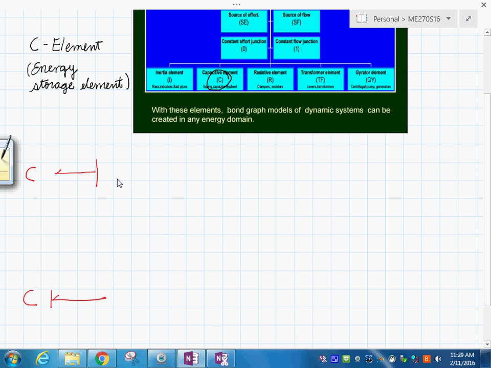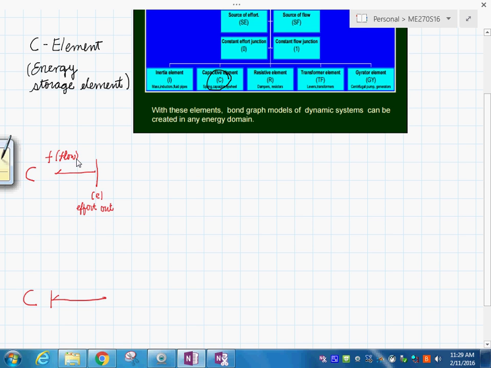It means that the effort in this case, the E, this is the effort variable, is the output variable. In other words, this is coming out of C. This F, the flow, this is in.